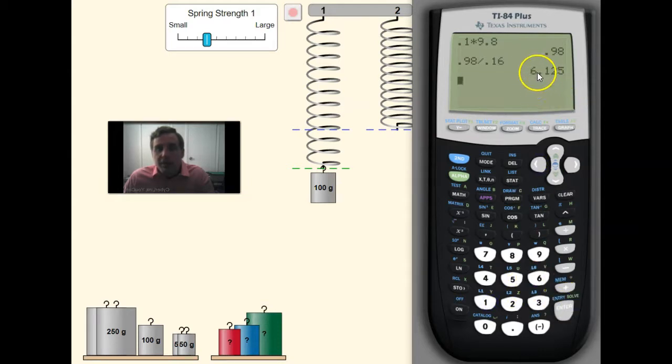So notice it's about 6.13 or so newtons per meter. That's not a very tight spring. Most spring constants are usually much larger than that, some of which, especially for major springs like in your car, are several hundred newtons per meter. But anyway, Hooke's law spring constant will always be positive.